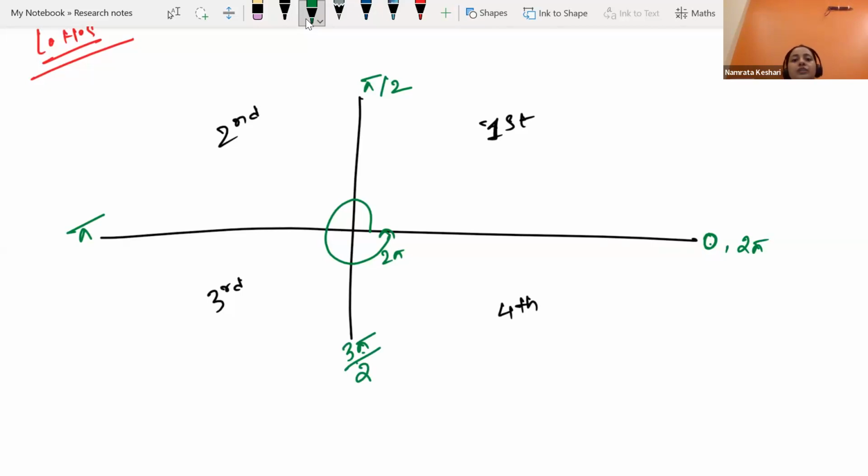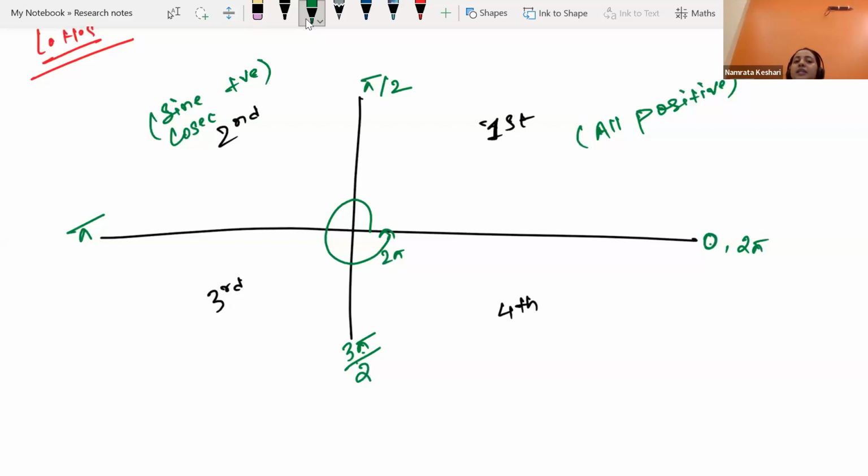Okay. Now there is also a concept that in the first quadrant, all trigonometric ratios, all trigonometric functions, are positive. In the second quadrant, sine is positive, and due to this sine, cosec is also positive.